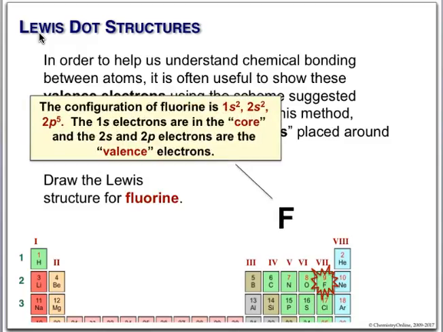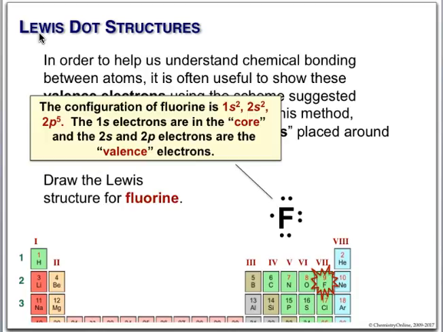Start off with an F. Lewis said, put your 4 dots in first. Now you put in and you start to pair them. We have a total of 7, therefore we pair them like this. 7 valence electrons surrounding our fluorine.